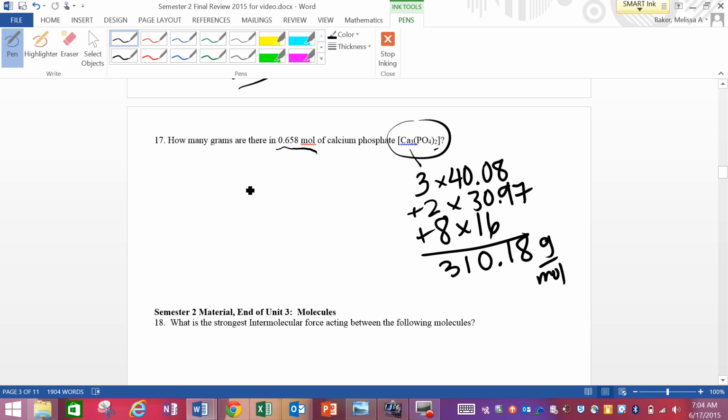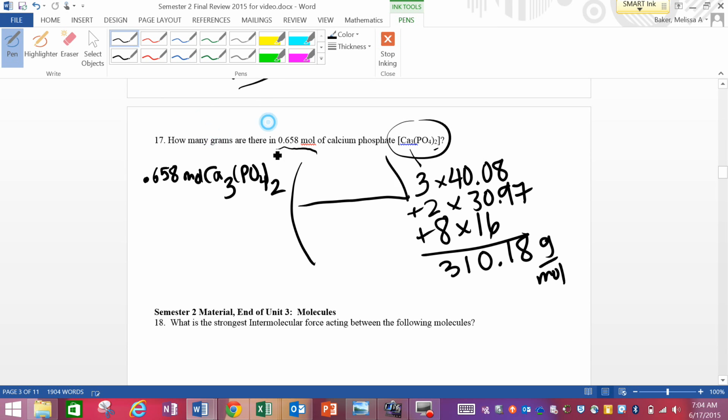But we do not have 1 mole. We have 0.658 moles of Ca3(PO4)2. Okay, so we got to set this up. If we had 1 mole of Ca3(PO4)2, it would weigh, this is like a big equal sign, 310.18 grams.